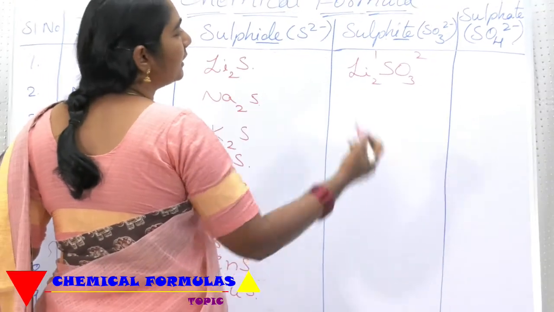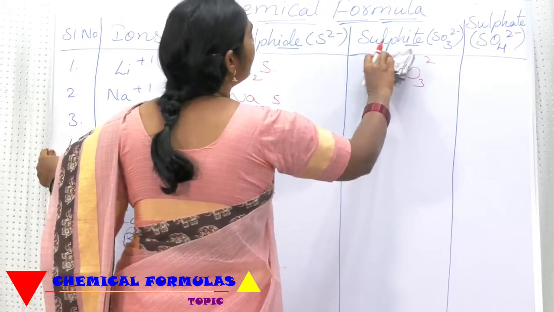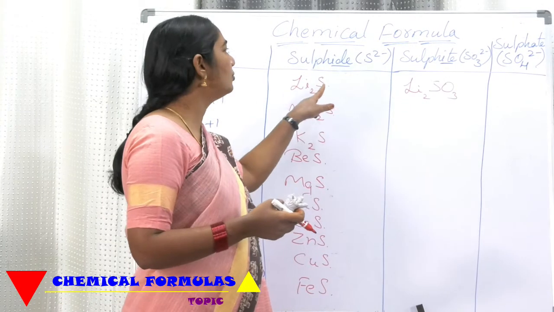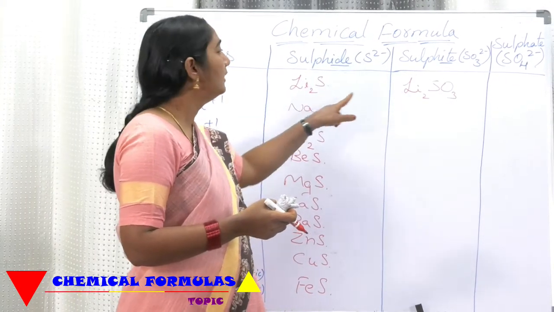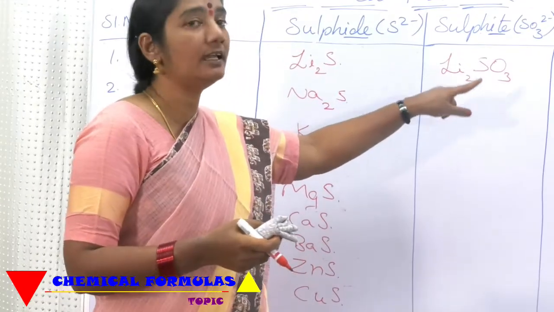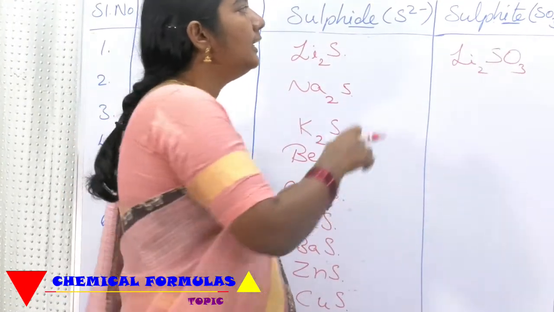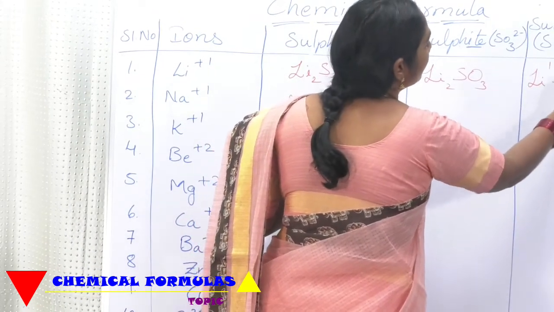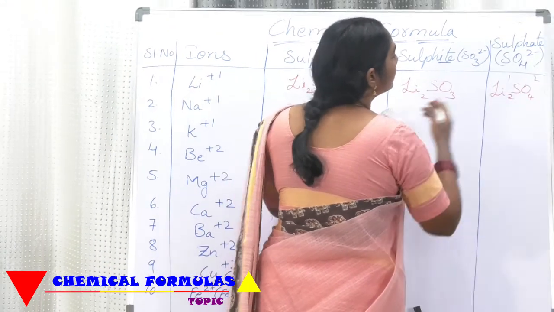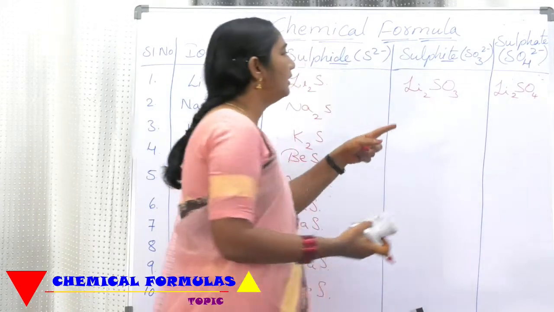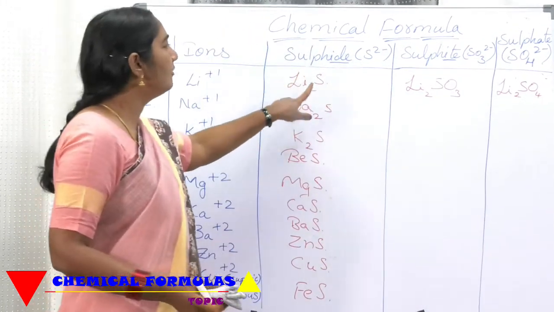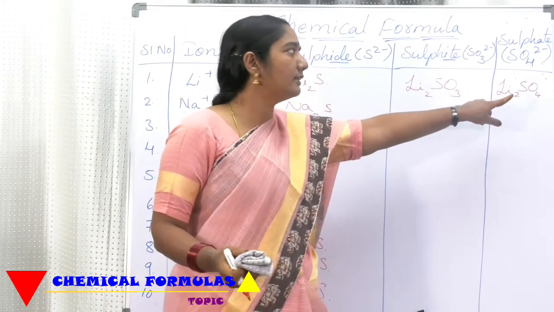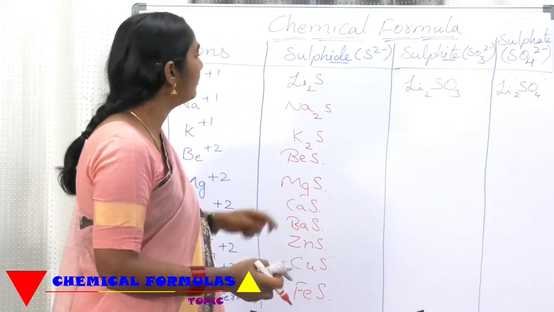There is no need of specially mentioning that 1. So lithium sulfide Li2S, lithium sulfite Li2SO3, lithium sulfate Li2SO4. No confusion. There is no need of confusion.